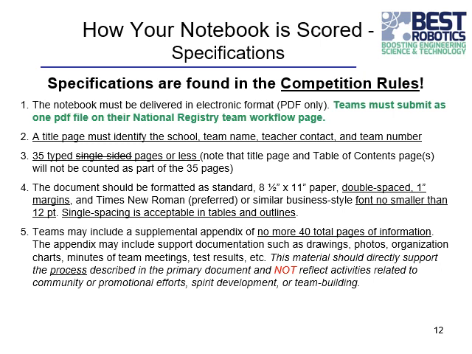So if I run through these real quickly, these 5 items, we've already talked about many of them. You need to deliver the notebook in a PDF file, and you need to put 1 file on your National Registry workflow page for the deliverables.